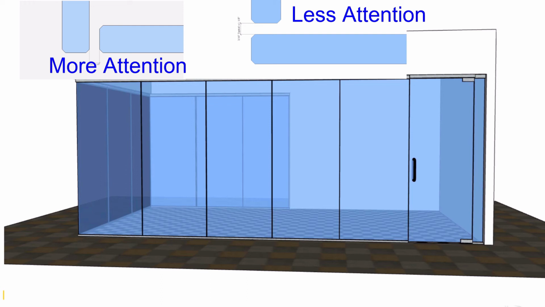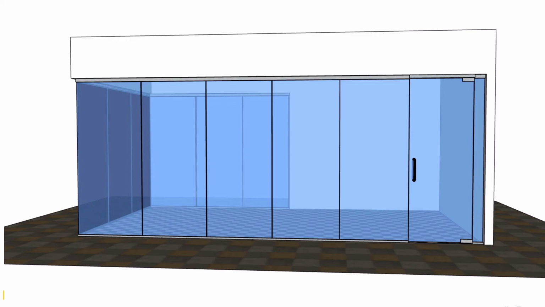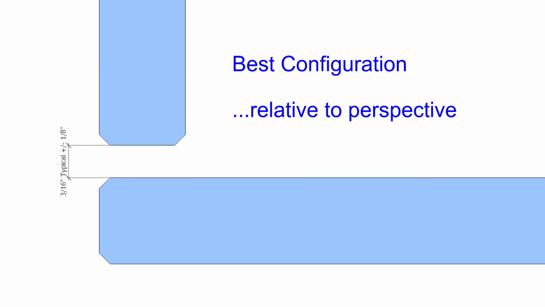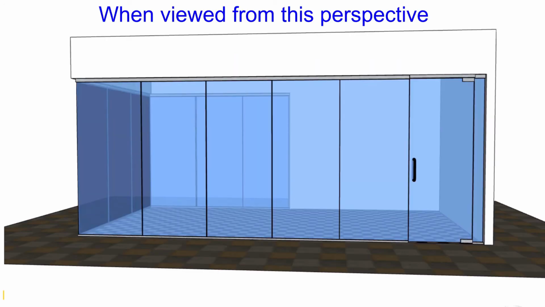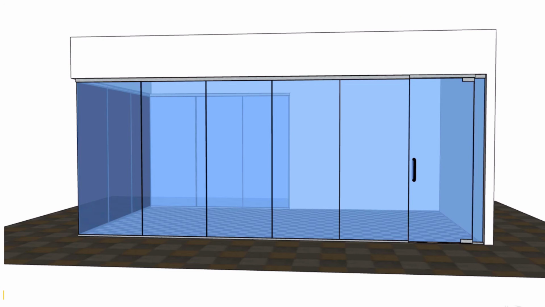Using this elevation as an example, the panel on the end, we would want to overlap the adjacent panel. It's going to create a more seamless appearance because we're not going to see an eighth piece of glass in this elevation.